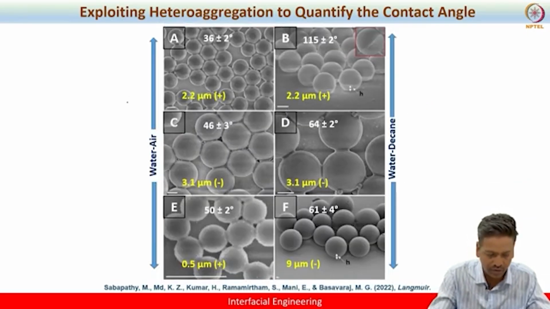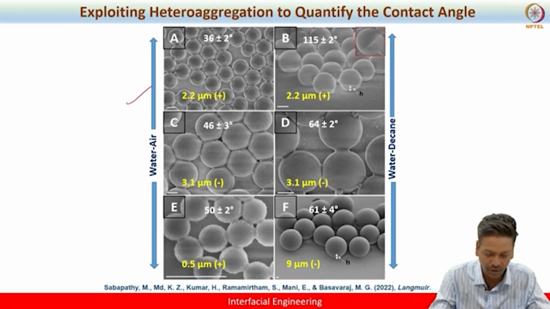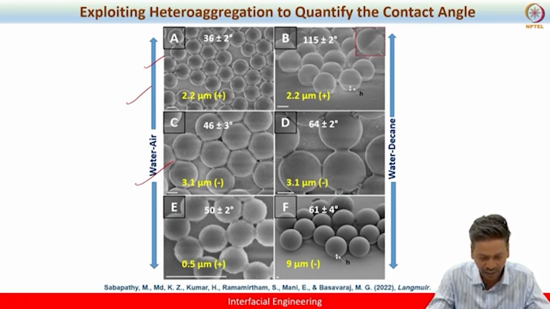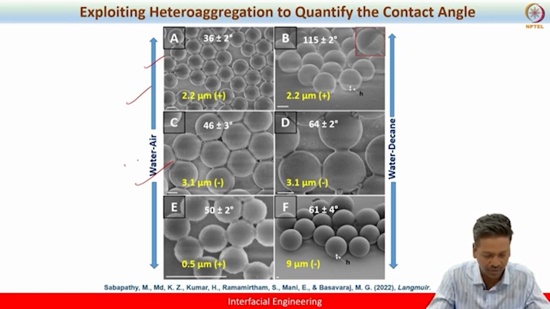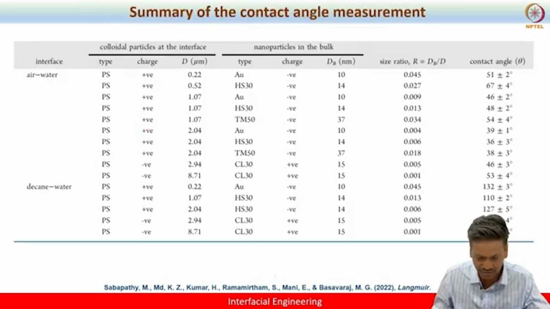So here we show different types of particles: a positively charged particle which is amidine functionalized, and a negatively charged particle which is sulfate functionalized, with different sizes of particles at different interfaces, the water-air interface and the water-decane interface. You can see that the contact angle for these cases can also be measured using this technique.